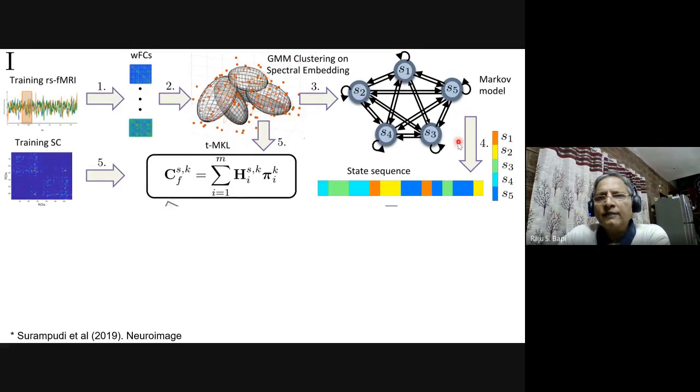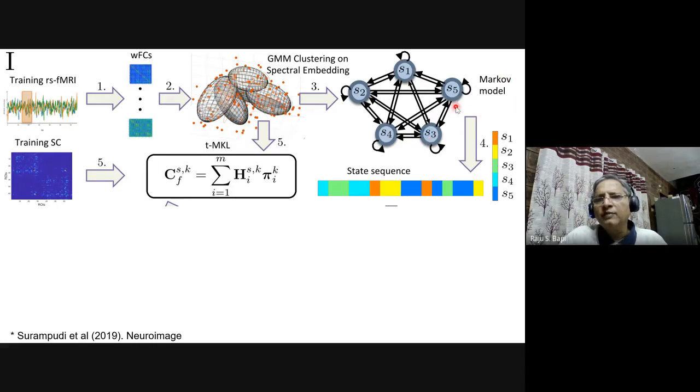Suppose, just to make this point clear, there are five such states or clusters. Then we find the state transitions, how often the brain transitions from S3 to S1 and so on.